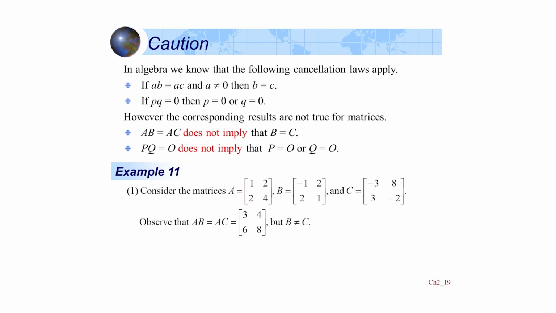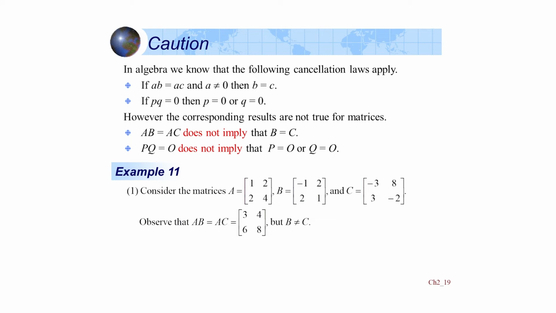So this is a caution about the first property, which is true for numbers but not true for matrices. Look at the matrices A, B, and C. A is obviously non-zero, and you can check that AB is equal to AC.